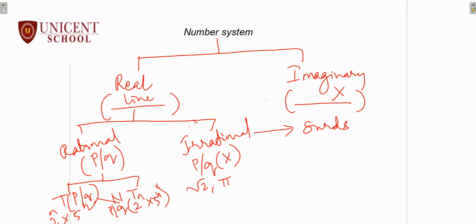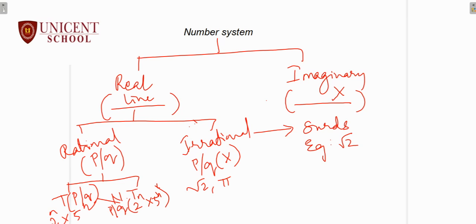Surds are the square roots of numbers that cannot be simplified into a whole number or a rational number. Once again, what are surds? Surds are the square roots of numbers which cannot be simplified into a whole or rational number. A simple example is root 2. We can't write root 2 as a whole number or a rational number, that we know.